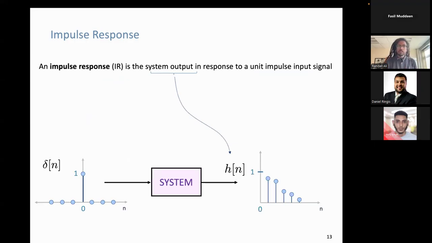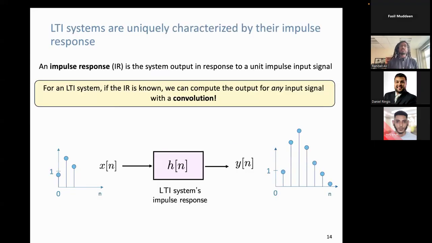Why is that important? Well, it turns out that for linear time invariant systems, if you know the impulse response, you can essentially compute the output of the system for any input signal using a convolution. That means linear time invariant systems are uniquely characterized by the impulse response.